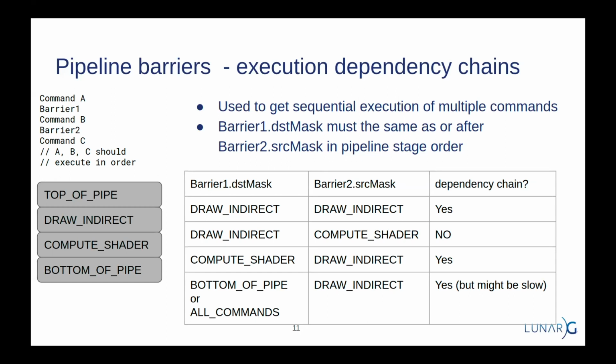I have a table of which bits related to the ordering you could use to make a dependency chain. The best way is to always use the same sets of bits in both barriers so that it's clear what you're doing. But you can get away with using a later stage or an earlier stage, or using bottom of pipe or all commands. But those effectively idle the GPU, and you usually don't want to do that.